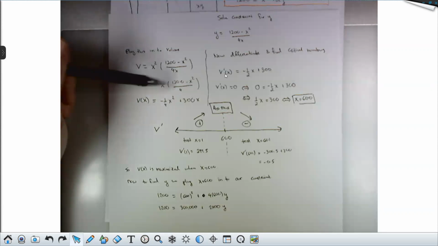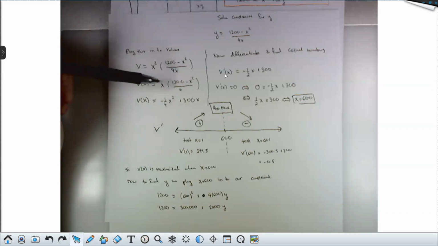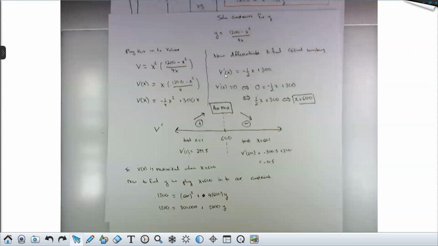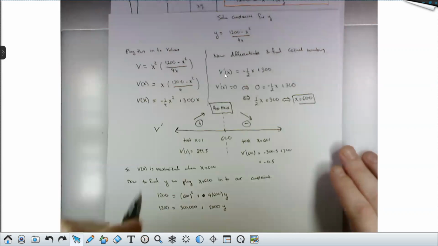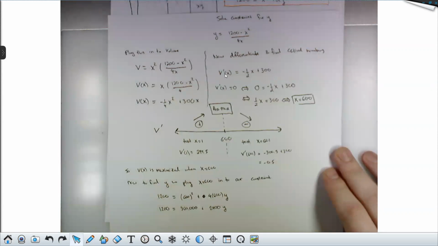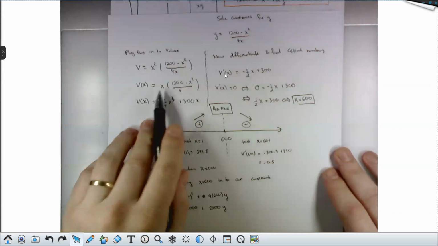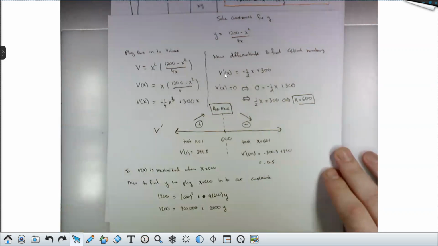This looks correct. So this would be 1200x minus x cubed. I'm so sorry, guys. I'm having a rough day today. How do I do this without ruining the lecture? This should be an x cubed, right? x times x squared.